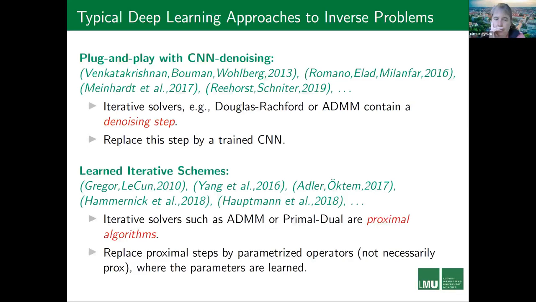You can make it a bit more sophisticated, still based on traditional solvers, where you replace different other steps by neural networks. So this is a different philosophy: you take the traditional solvers, but you replace parts by a neural network in a certain manner.